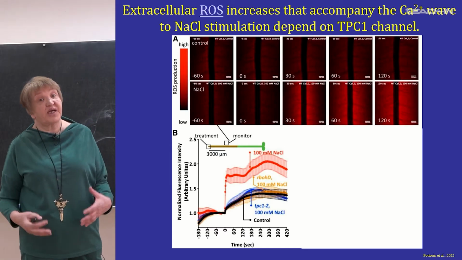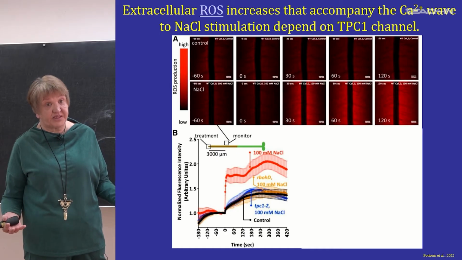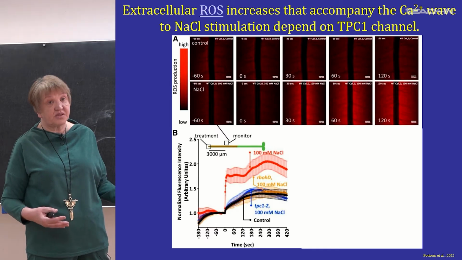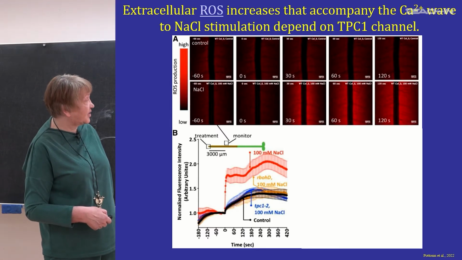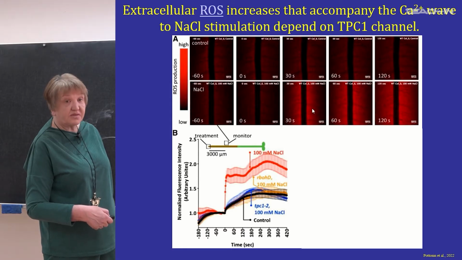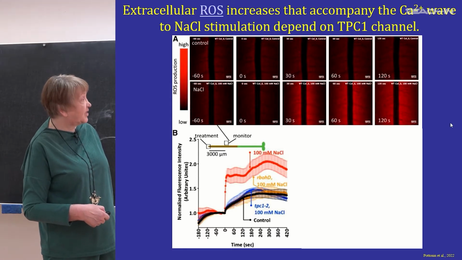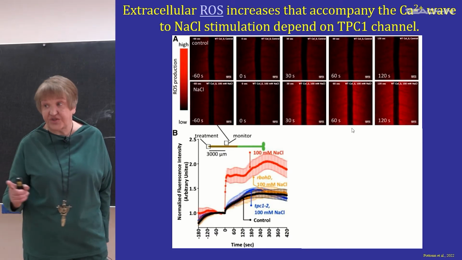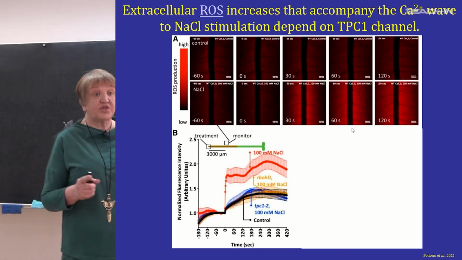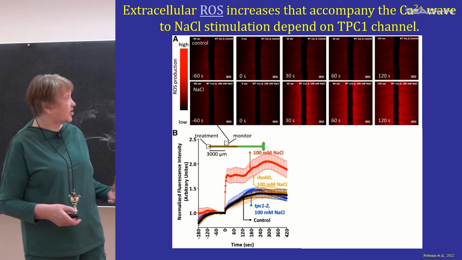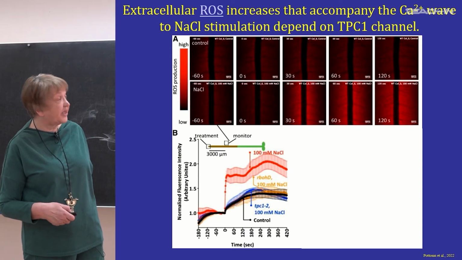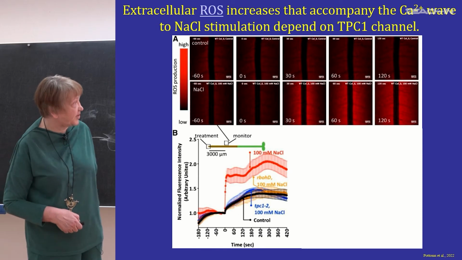And when it's oxidized, it starts to fluoresce. So it's not fluorescent when it's not oxidized, and when it is oxidized, it is fluorescent. And you see that there is a very quick increase in extracellular reactive oxygen species, which hints at the activity of NADPH oxidase, which sits on the plasma membrane and creates reactive oxygen species.